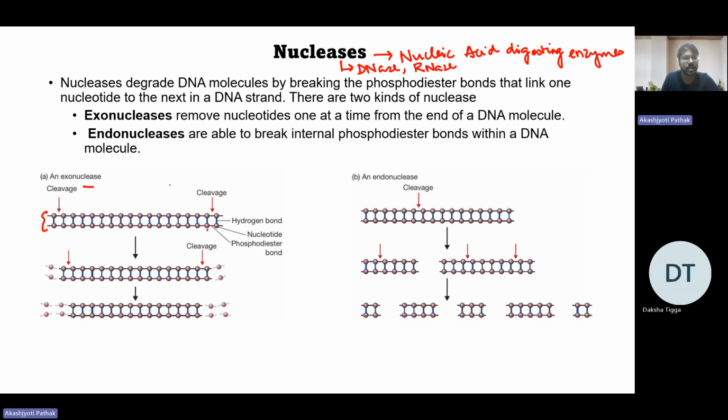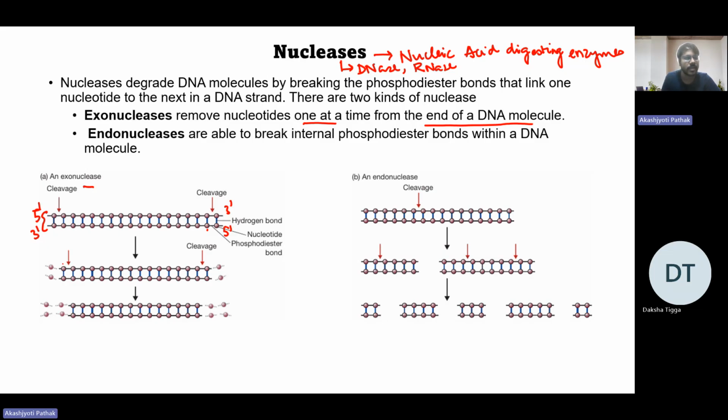Okay, so here you can see in this figure, which has been taken from the textbook by T.A. Brown. What is shown over here is an exonuclease, and what an exonuclease does is remove nucleotides one at a time from the end of a DNA molecule. So these are the ends of a DNA molecule, 5 prime to 3 prime, and the lower DNA strand will have polarity 3 prime to 5 prime.